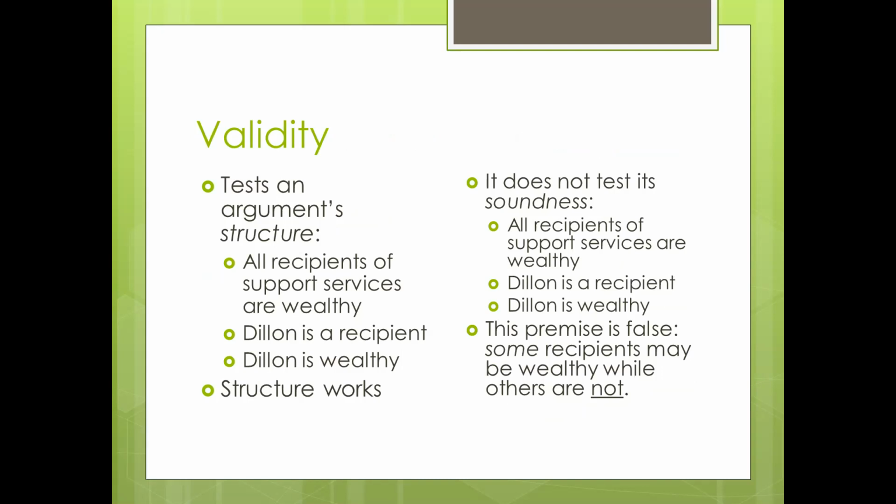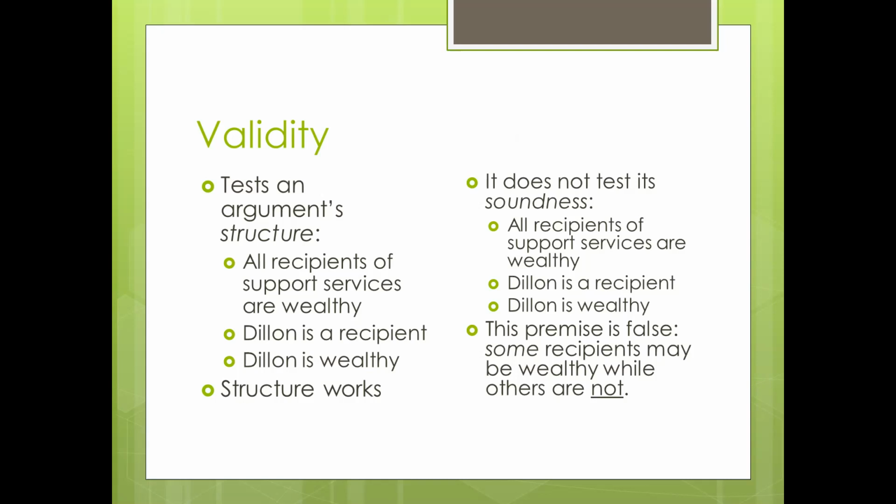Okay, well, if that's true, and Dylan is a recipient, it stands to reason that Dylan is wealthy. The structure alone works. But if you dig deeper into the argument structure, you can see that there are some glaring errors here. All recipients of support services are wealthy. Dylan is a recipient, therefore, again, Dylan should be wealthy.